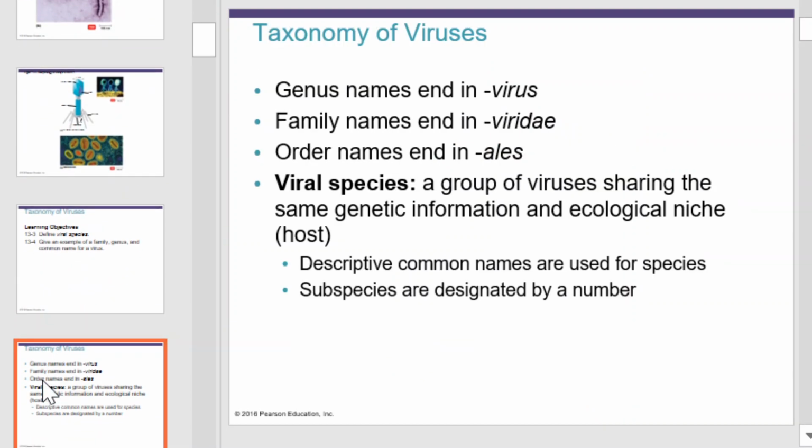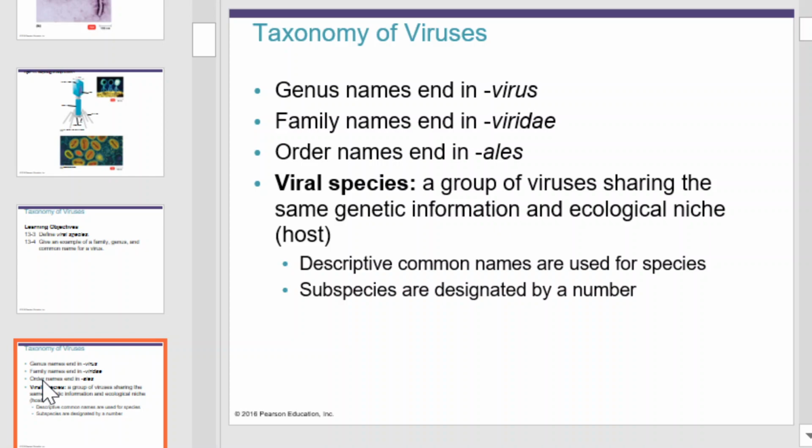Taxonomy of viruses. The genus name of a virus ends in the word virus. The family name ends in viridae. The order name ends in ales. Viral species are groups of viruses that share the same genetic information and ecological niche or host, but they aren't always exactly the same shape.